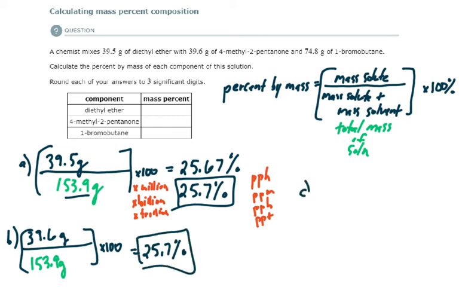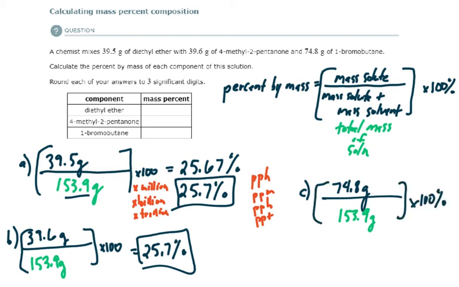And then part C is the last part. That would be the third component here. We have 74.8 grams as the mass of solute divided by a total mass of 153.9 grams. All of that multiplied by 100% to convert it to a percentage.